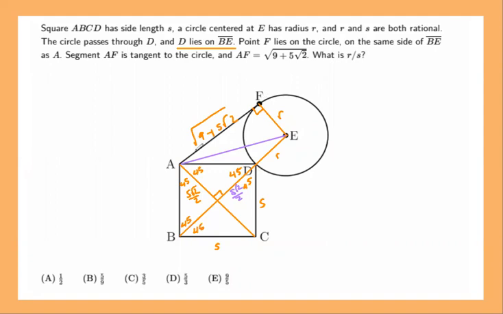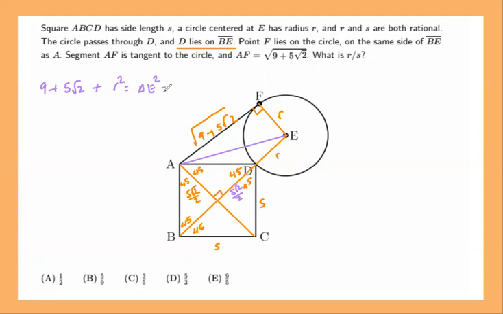And on the other side, there is another right triangle having the hypotenuse AE. So if I use Pythagorean for both, in triangle AFE, the square of this leg will be 9 plus 5 root 2, plus the square of this leg, R squared, and that will be equal to the square of AE.